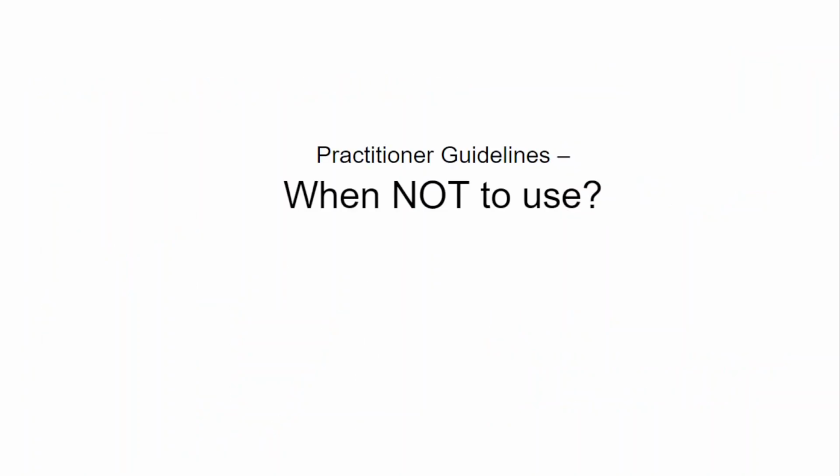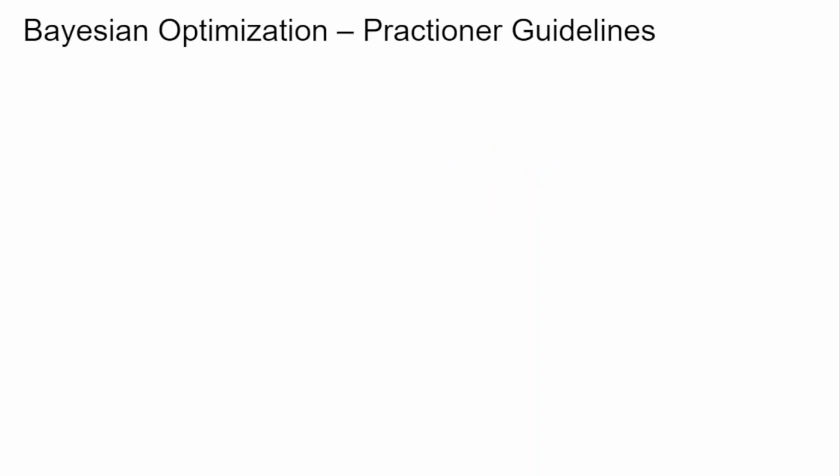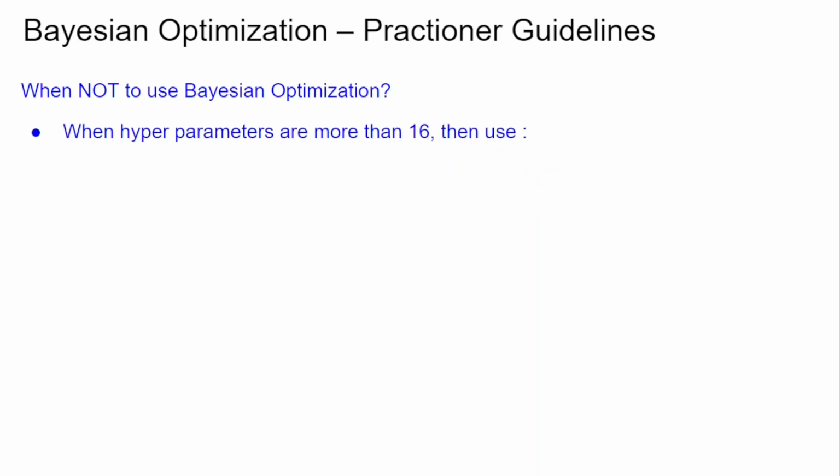Then we also must ask this question: when should we not use Bayesian optimization? It is a powerful tool, but knowing when not to use it is also important as a practitioner. First, when hyperparameters are in excess of 16, it is not recommended to use Bayesian optimization. In such cases, people recommend you go to a random search or do something called a tree parser estimator.